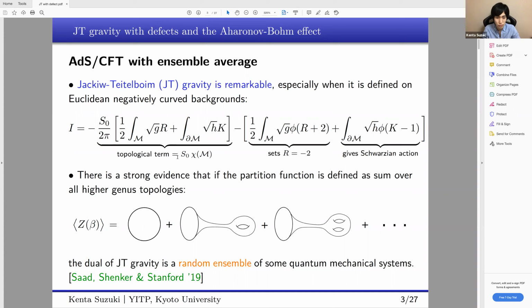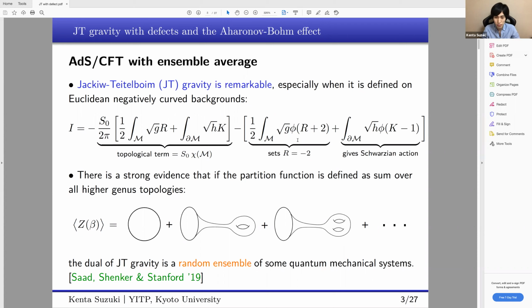Besides this Einstein-Hilbert action, the second part is basically the dynamical part of JT gravity. But as you can immediately see, the dilaton field in the bulk action just appears linearly. So this dilaton field is just a Lagrange multiplier, which enforces R = -2. So the background is a constant negatively curved background.